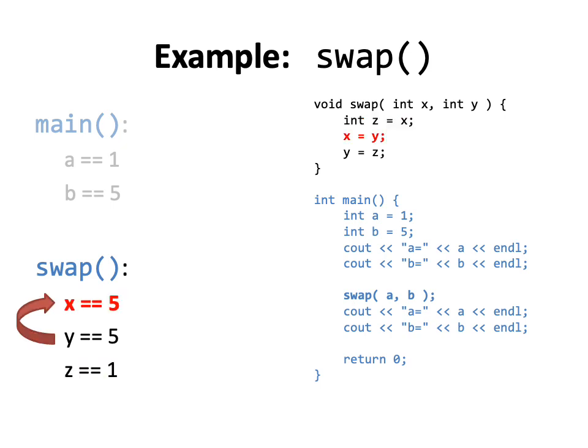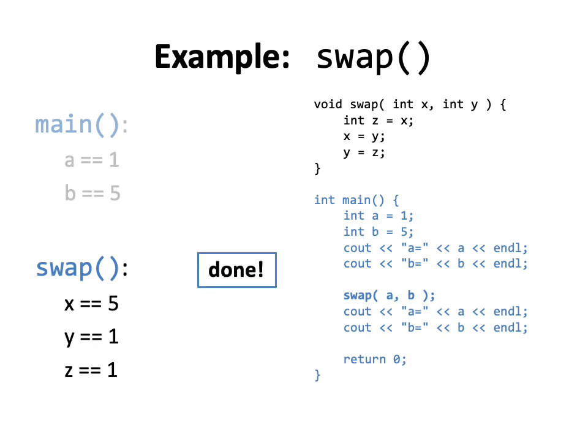Then on the next line of code, we're going to copy the value of y into the value of x. So x was 1, now x is 5. And then finally, we're going to take the value of the temporary variable z and copy that into the value of y. So whereas before we had x equals 1, y equals 5, now we have x equals 5 and y equals 1.